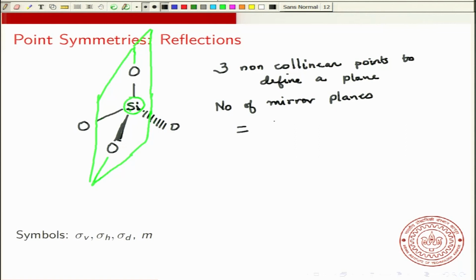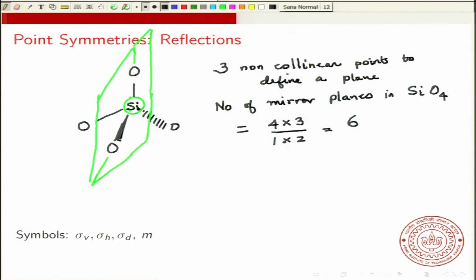It's quite easy to see. The number of ways of choosing 2 out of 4 is 4 times 3 divided by 1 times 2, which is equal to 6. So there are 6 different mirror planes that you can construct using this tetrahedron in SiO4.